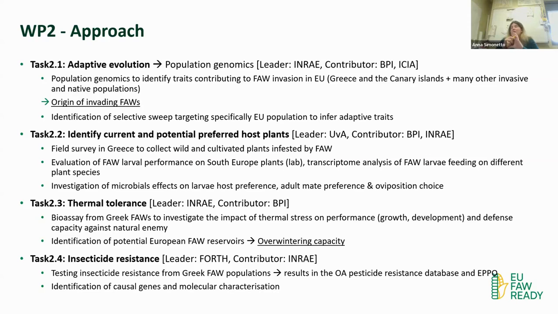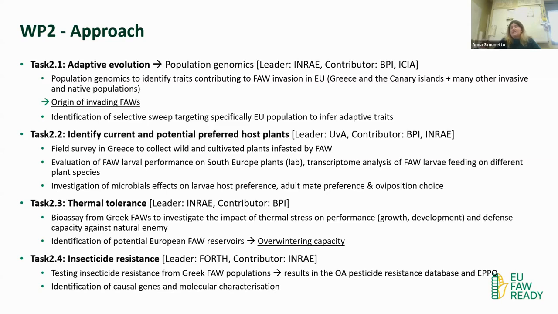There is a lab experiment focusing on larval performance on larvae that are grown on South European plants. A transcriptome analysis will also be performed to analyze the larval feeding on different plant species. The last activity of this task is the investigation of microbial effects of larval preference, focusing on the impact on adult mate preference and oviposition choice.